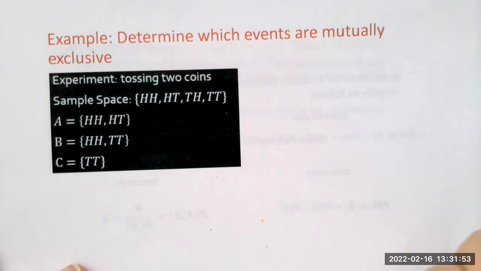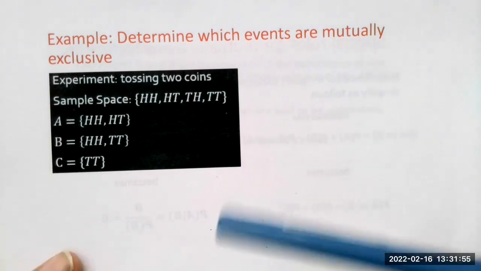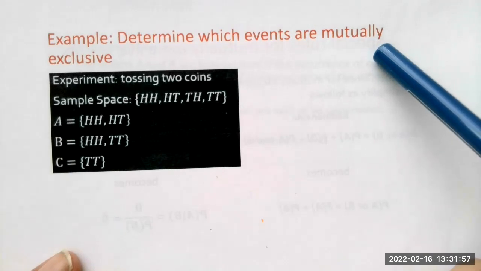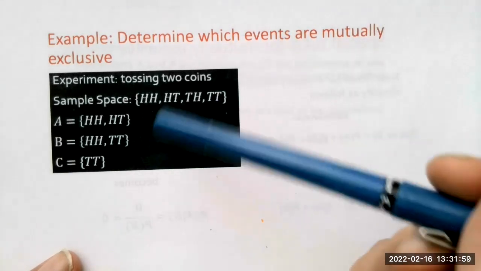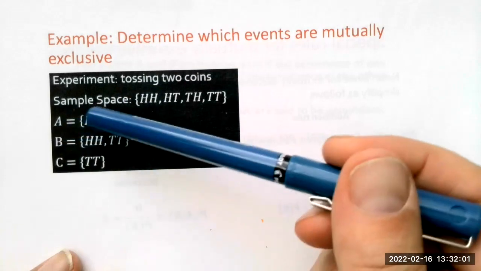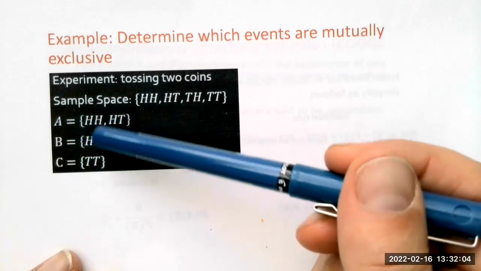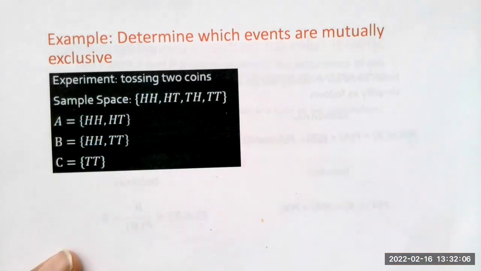Well, the question is, do they overlap or not? Mutually exclusive events do not overlap. So if you look at events A and B, they have one element that's common for both of them. So they're not mutually exclusive.